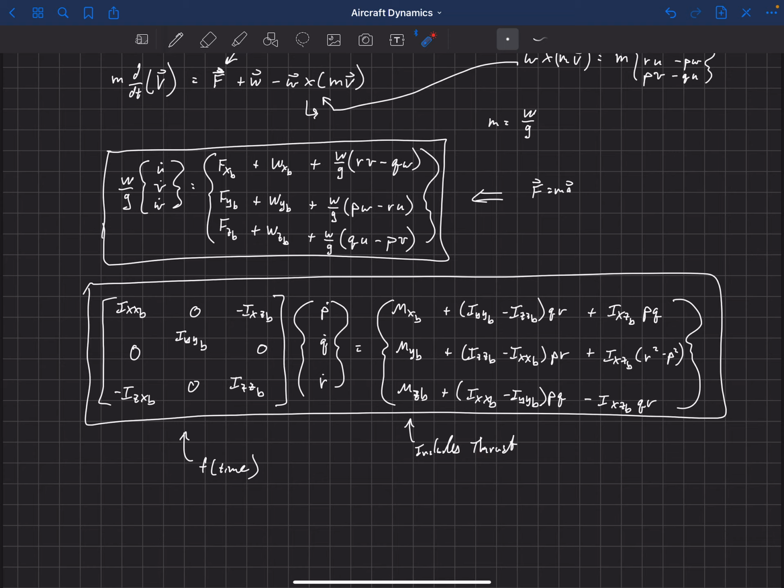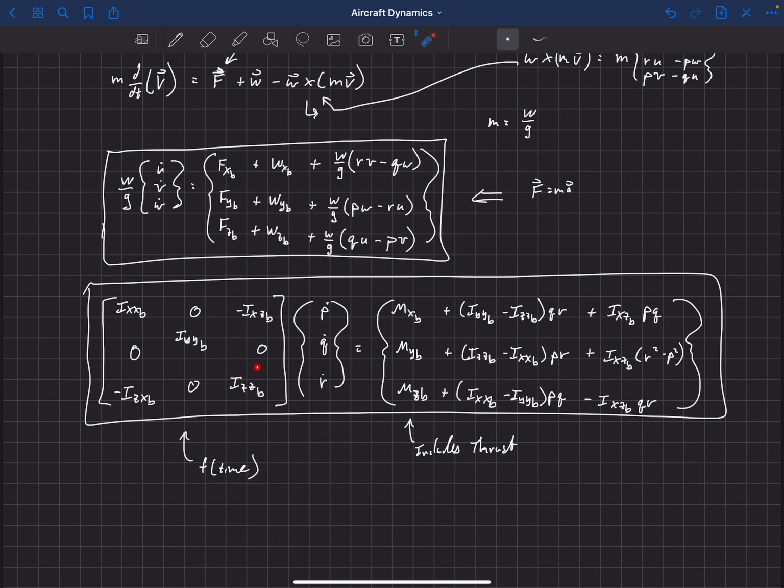Okay, so these six equations are six equations that basically tell us our accelerations u dot, v dot, w dot and p dot, q dot and r dot as a function of the current state of the aircraft, the current forces, aerodynamic including thrust, the current weight vector, and the current rotation rates p, q, and r, and UVW here, our velocity.